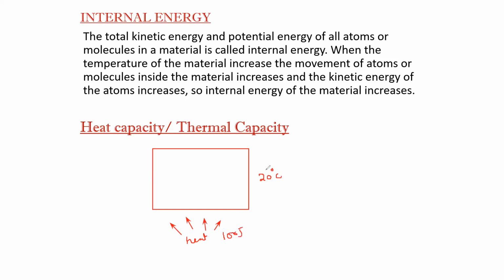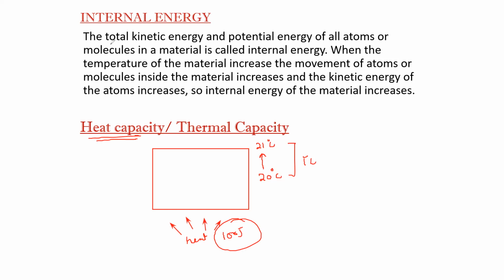When we supply 100 joules, we observe the temperature of this object increases by 1 degree. So how much energy is needed or how much energy is stored by the object so that its temperature changes by 1 degree, that heat energy is called thermal capacity. So this object can store 100 joules of energy by changing its temperature by 1 degree centigrade.